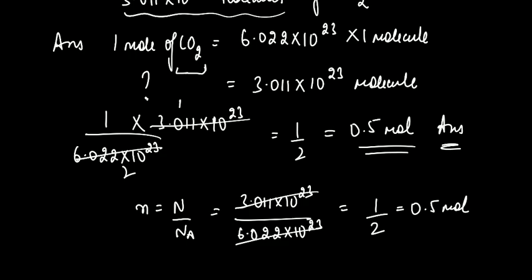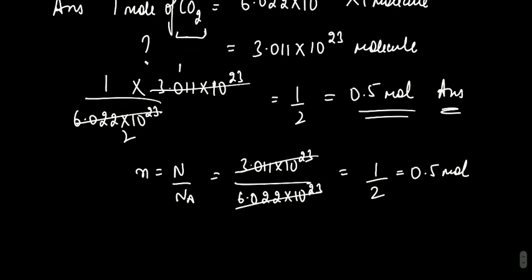Now till here it is fine. Everything looks easy, understandable, manageable. Everything is smooth. Now, the trickier part for most of the students is when we relate these two concepts. The mass relationship, calculation of number of moles with respect to mass, and calculation of number of moles with respect to number.